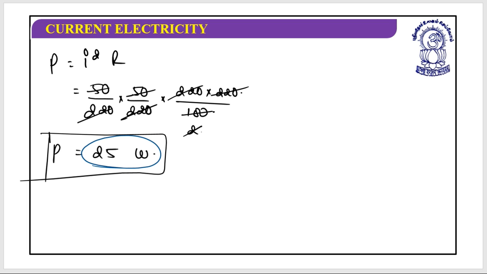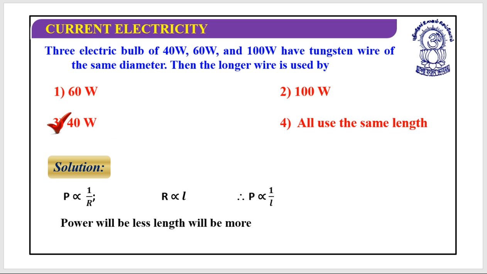I hope this is clear. So does it fuse? We say no. Does it work? We say yes. With full intensity? We say no. Is it clear? Any doubts in this? No? Great. Ready for the next?